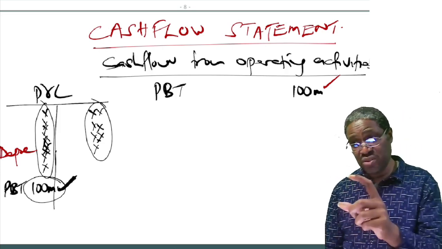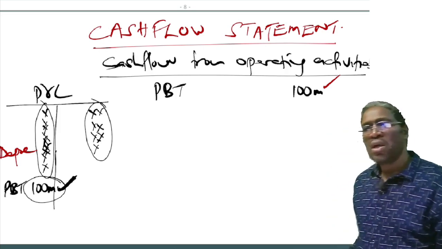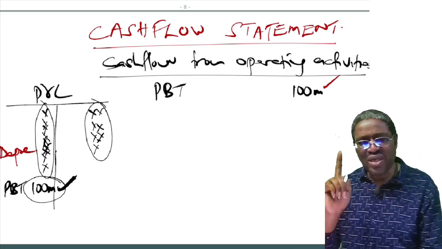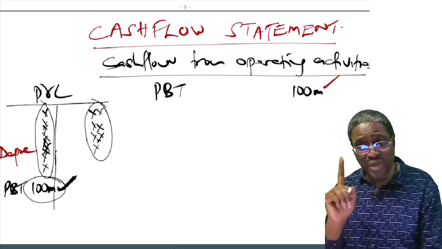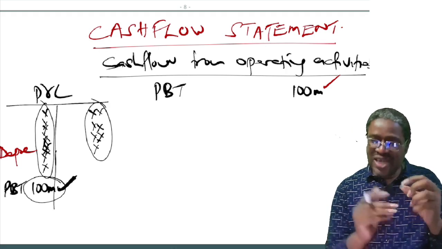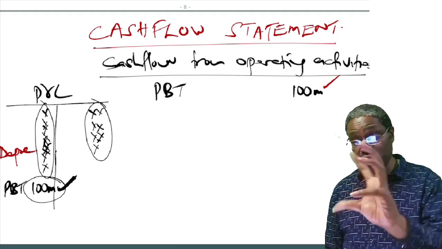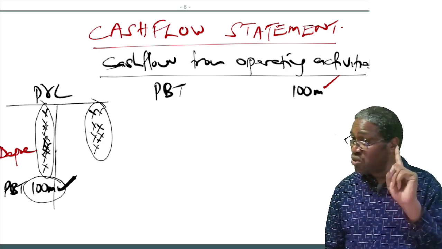We argue this way. By including an expense called depreciation in the P&L account, if it was not there, then my expenses would have been less. As far as cash flow is concerned, the P&L was not wrong.